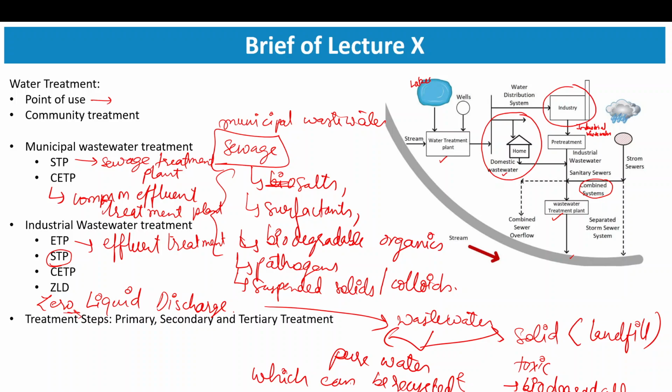Now, secondary treatment is nothing but you remove all sorts of biological parameters, organics, by providing biological degradation. So secondary treatment is nothing but biodegradation by using microorganisms, which can include activated sludge process, various lagoons, trickling bed filters, biogas plants, right?